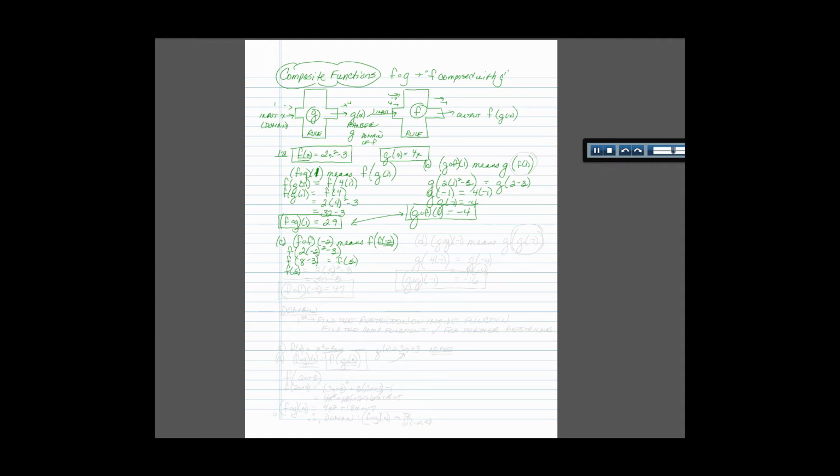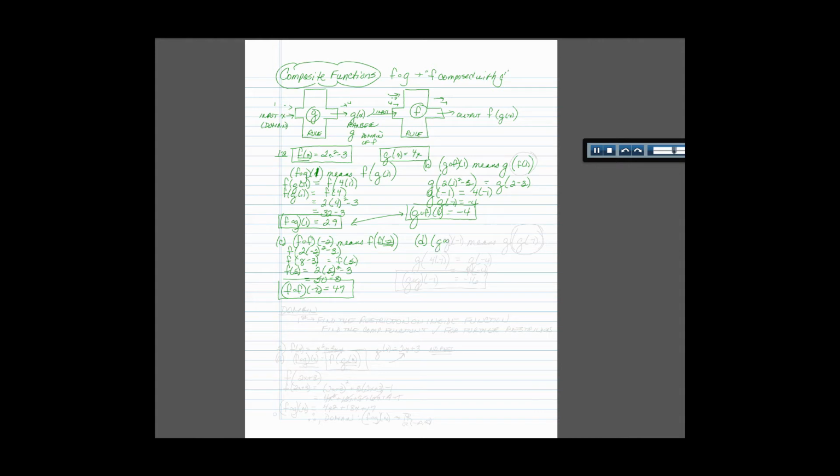F of 5 is equal to 2 times, take out the x, put in a 5 squared minus 3, which is 5 squared is 25 times 2 is 50 minus 3. So f of f of negative 2 is equal to 47. All right, so it went in the machine, came out, and then went back into the same machine, the answer of the first one. All right, so let's look at D.